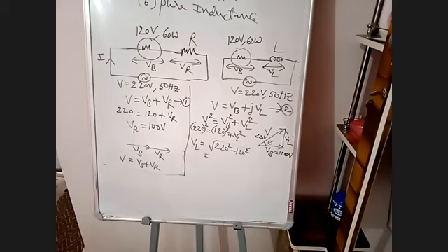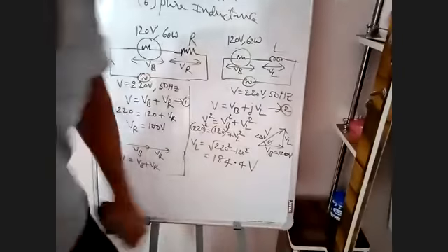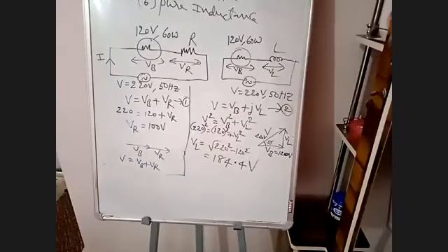There is no imaginary part. But in the second case, there is imaginary part. What is VL? 184.4. In your textbook, they have given 184.4 volts.